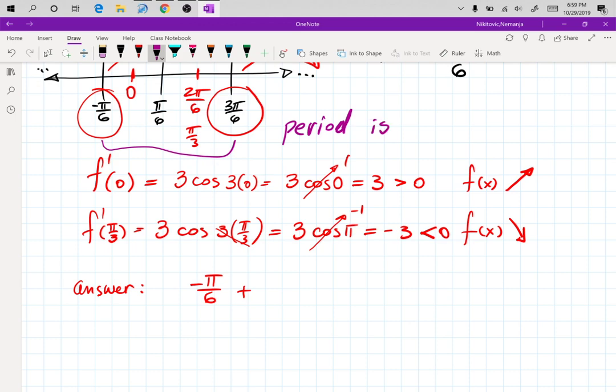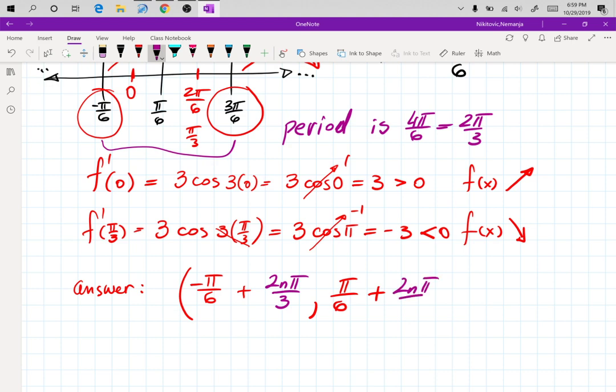That's what you put the n with as well. So plus the period, 2n pi over 3. So that's the first value, comma, pi over 6 plus the same 2n pi over 3.